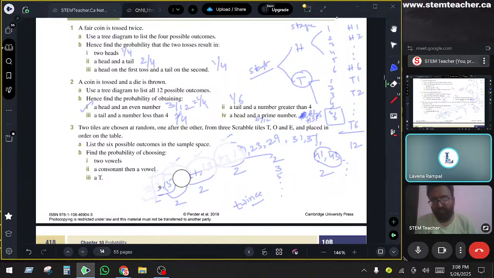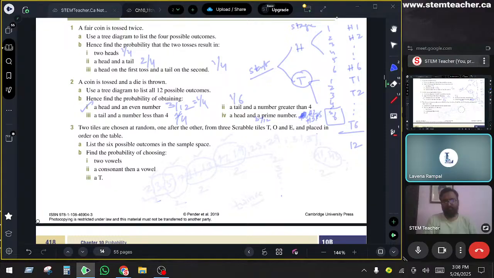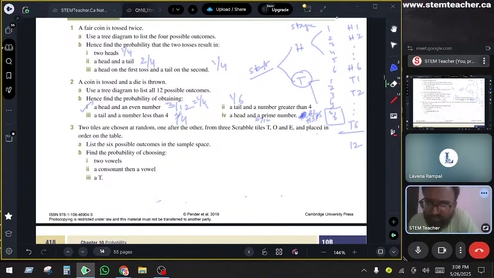What are the total outcomes? List the 6 possible outcomes. There are 6 possible outcomes only.